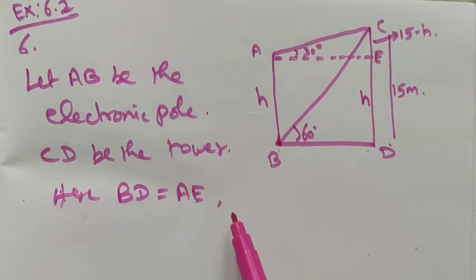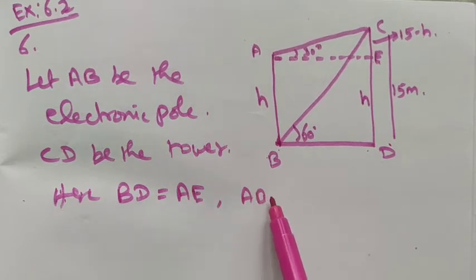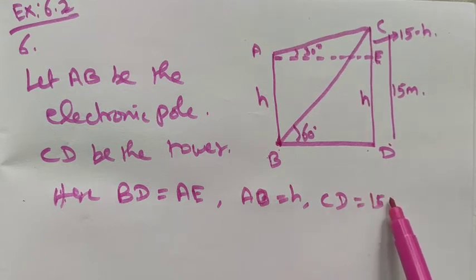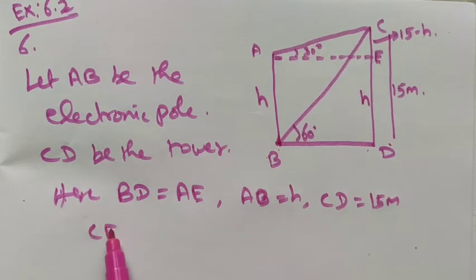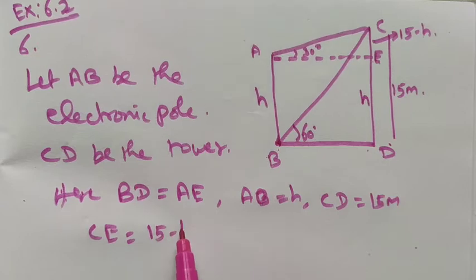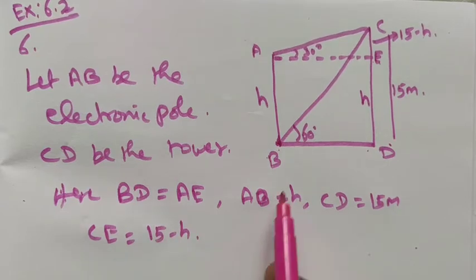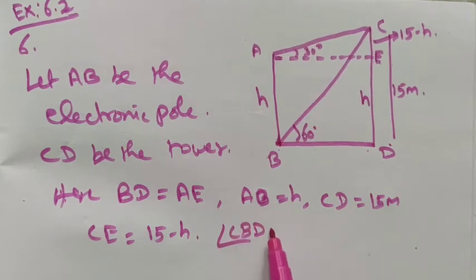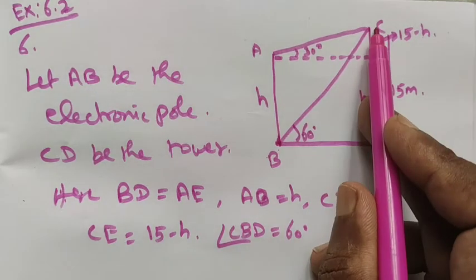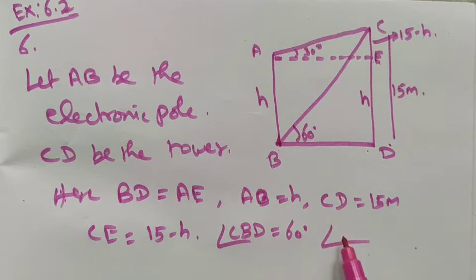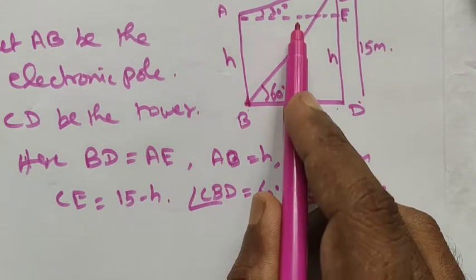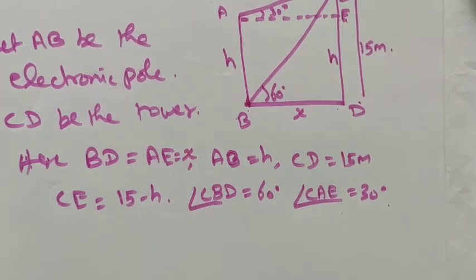And AB is equal to H meters, CD is equal to 15 meters, and CE is equal to 15 minus H. Now the angle CBD is equal to 60 degrees. The angle CAE is equal to 30 degrees. Let me take the distance as X, which means the distance AE is also X, right?